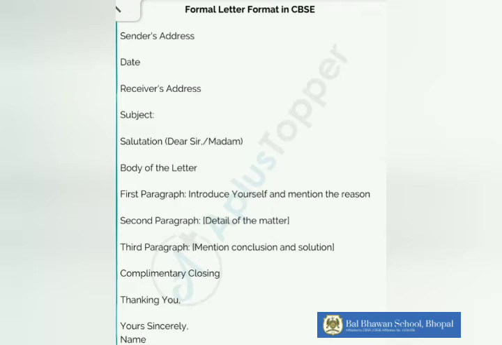Third paragraph, that is the concluding paragraph, mention the conclusion and a solution. A formal letter must have a complimentary closing, like thanking you, yours sincerely, yours truly, etc. Then your name and signature.